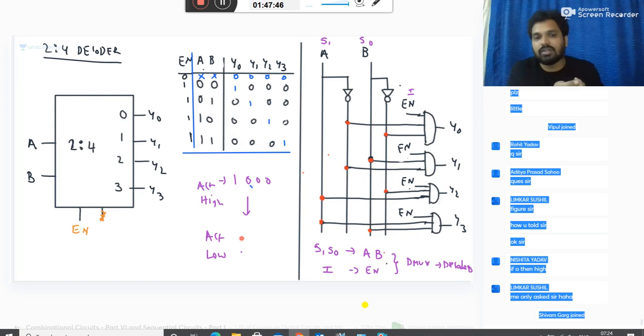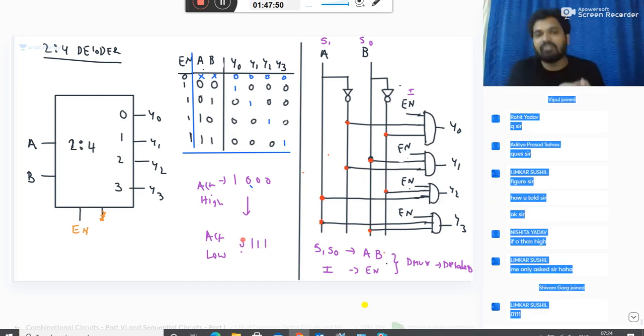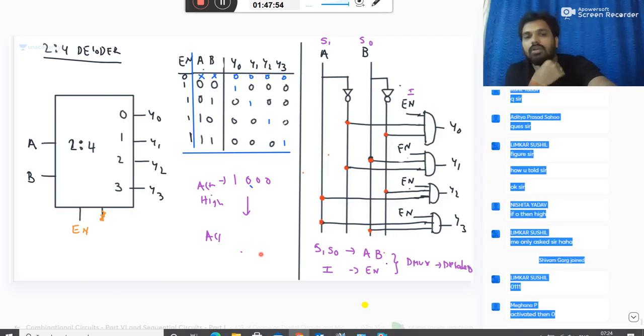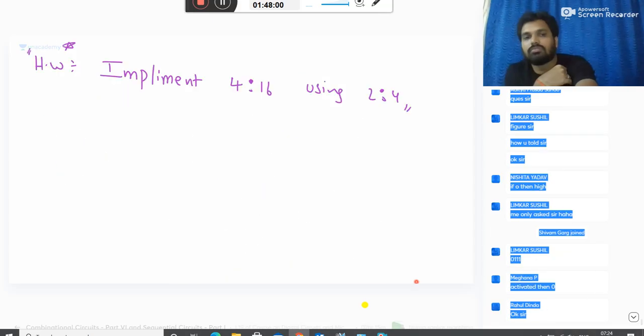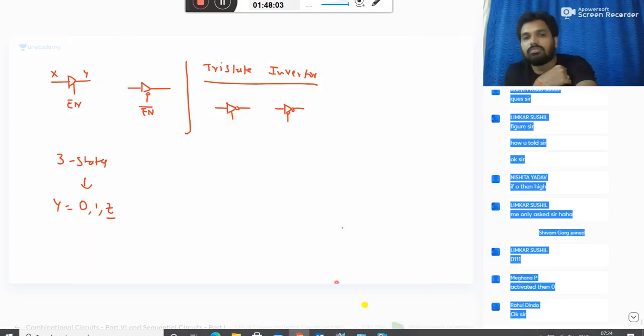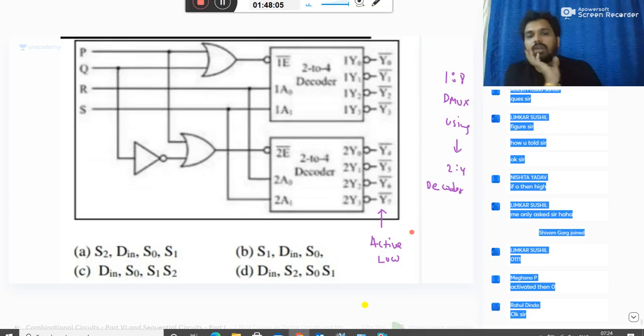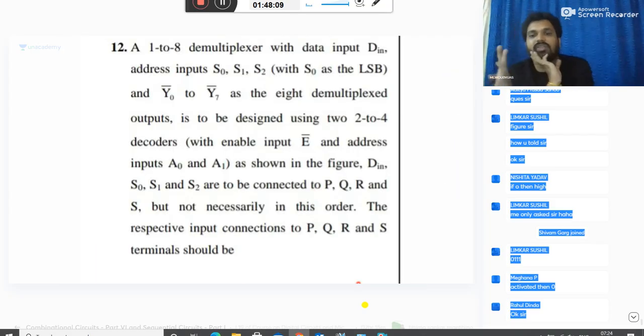The complement of this. All will be ones by default, and when you activate, it will become zero. So that is just the inverted outputs. Now you understand. So the terminology of the question is difficult.